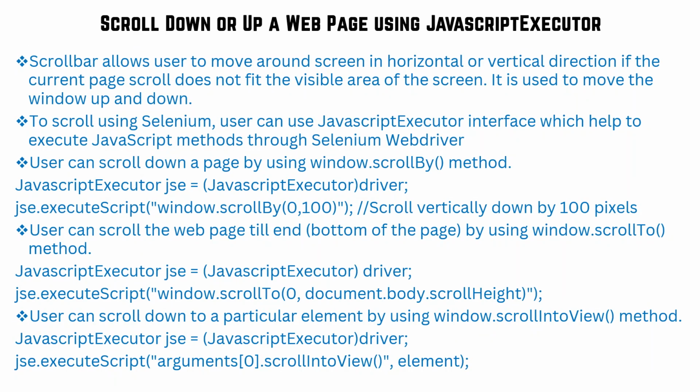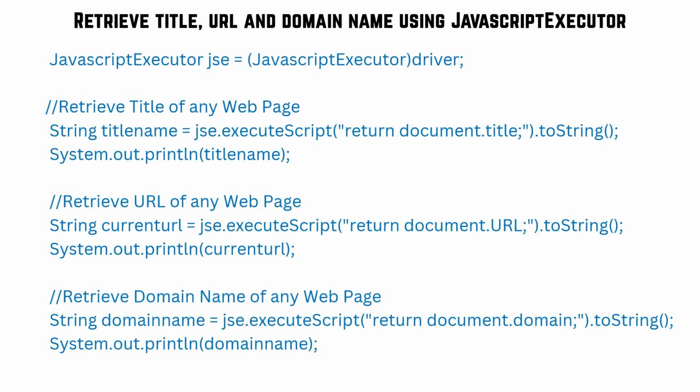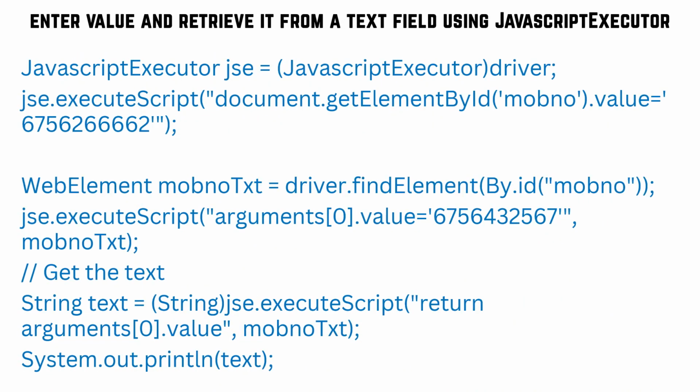Okay, so the scroll bar allows the user to move around the screen in horizontal and vertical directions. You can have multiple methods to scroll, like horizontal or vertical way, or scroll directly to the bottom of the page or a particular element also. With the help of JavaScript also, we can retrieve the title, URL, and the domain as well. We can enter some value in the text field.